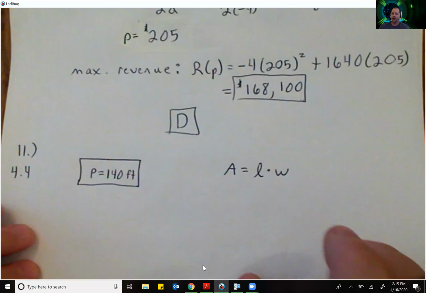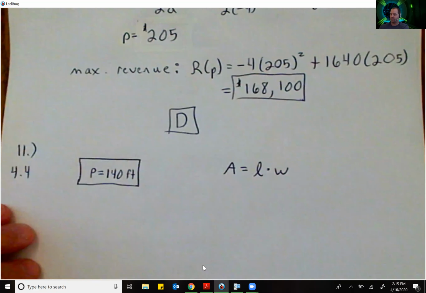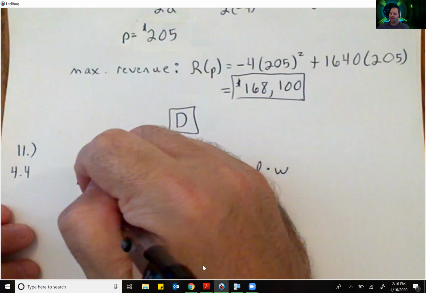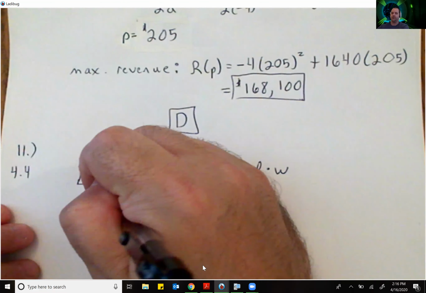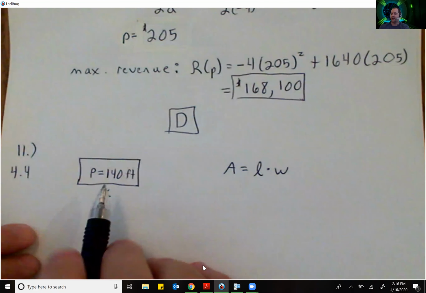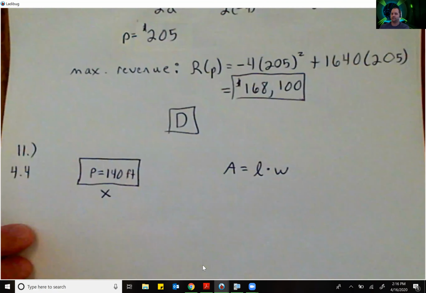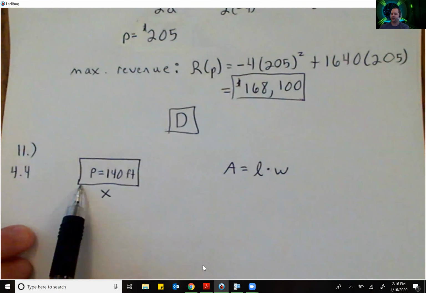I want you to think about this with me. I'm going to let the length be called X because I don't know the length, right? So if this is X, how much is that side?